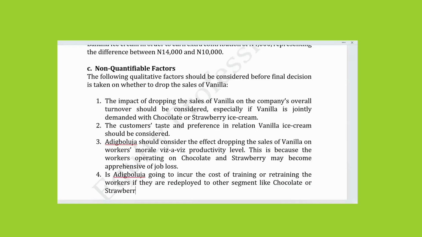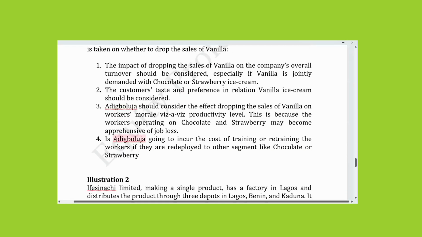Okay. Or you can also put it this way: does Adigboluja have the capacity to accommodate the cost of training or retraining the workers if they are redeployed to other segments like chocolate or strawberry? So we need to consider that as well.